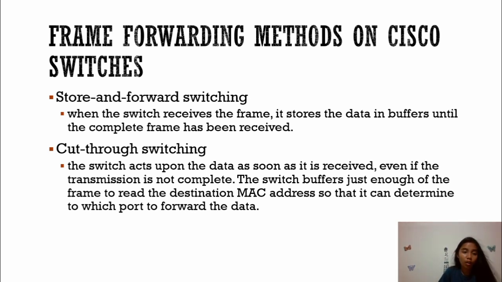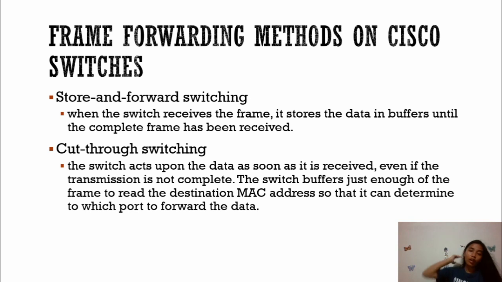For store-and-forward, the switch waits until the entire frame has arrived prior to forwarding it, and this method stores the entire frame in memory. Once the frame is in memory, the switch checks the destination address, the source address, and the CRC.